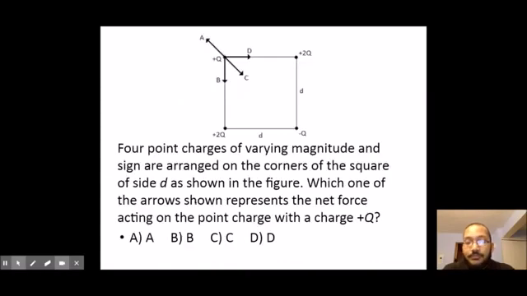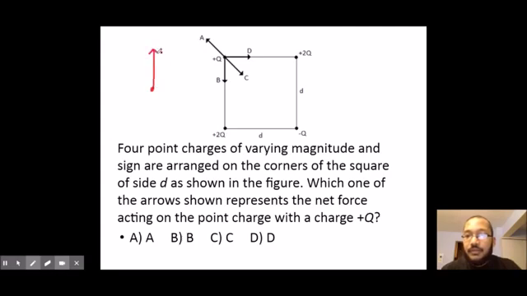This one's kind of a review of just Coulomb force, kind of a vector question. So take a second to read it over. Okay, so the net force on this charge over here, there are three other forces acting on it. So this is the charge Q. Then the bottom plus 2Q is exerting a force upwards.